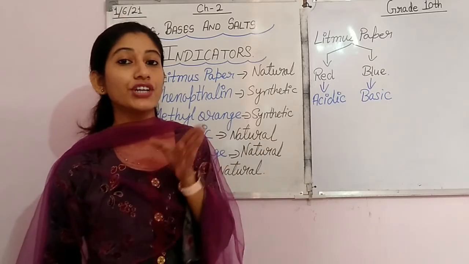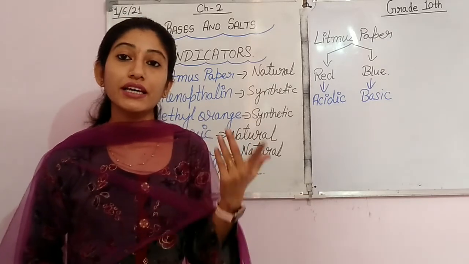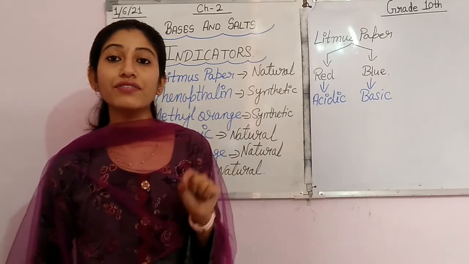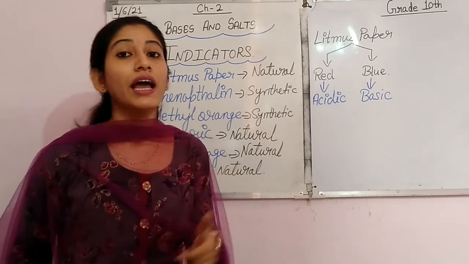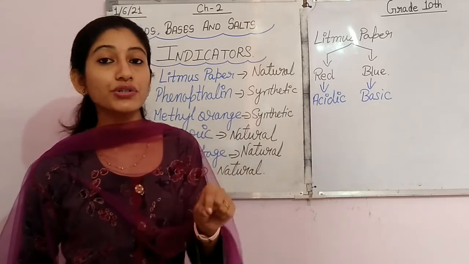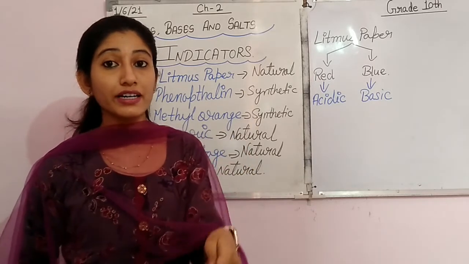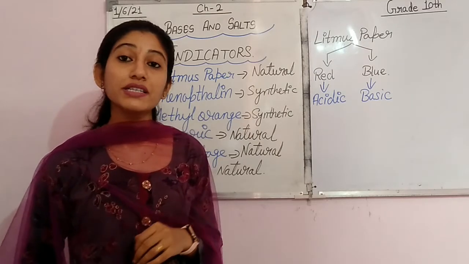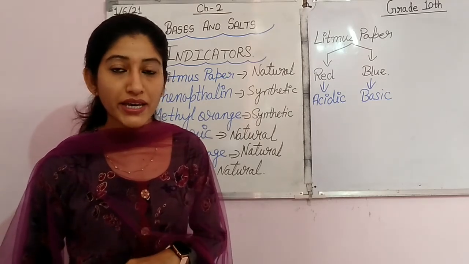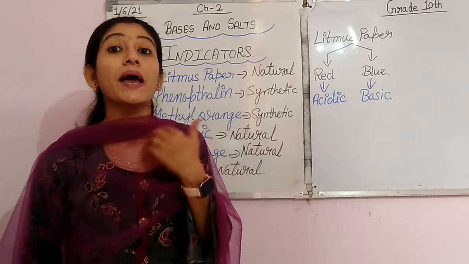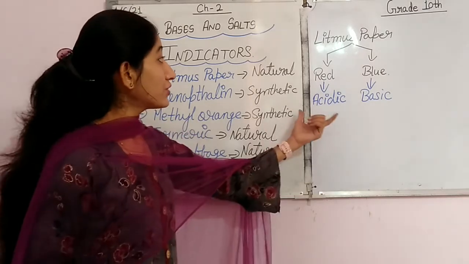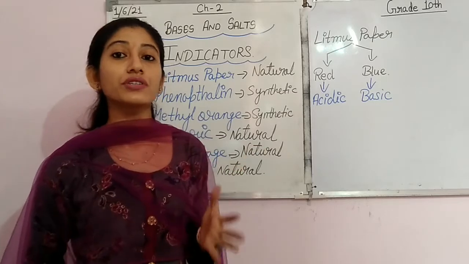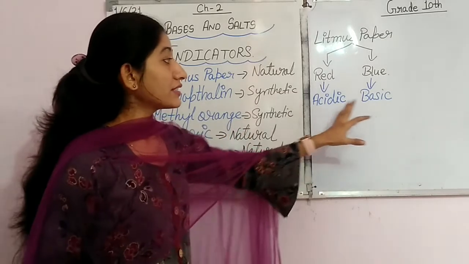If blue litmus changes into red, the given substance is acidic in nature. In the same way, suppose you have taken the red litmus paper and you dip it into the solution, and suddenly the color of the litmus changes into blue. It means the given solution is basic in nature. So by changing the color of the litmus to red and blue, it shows us the acidic and basic character.